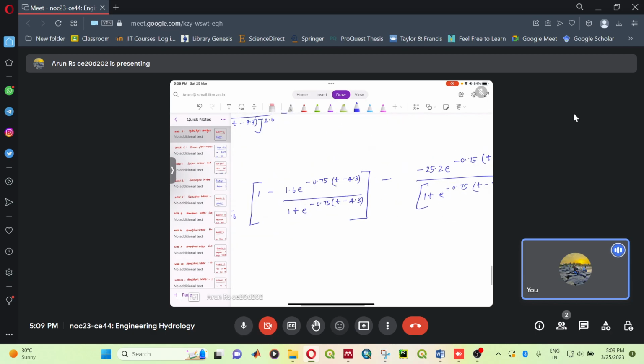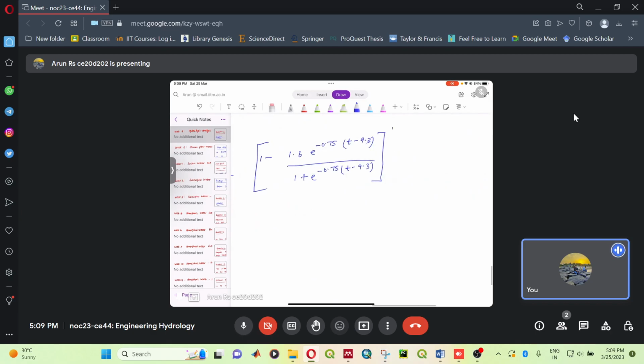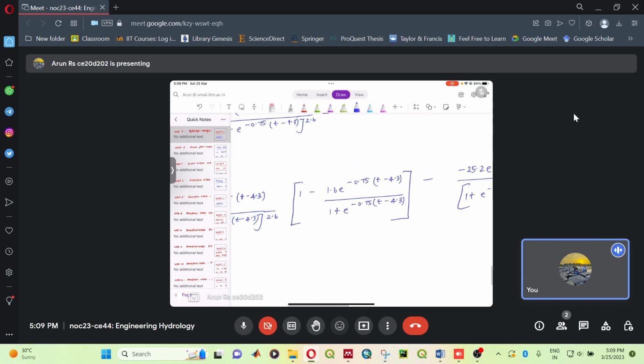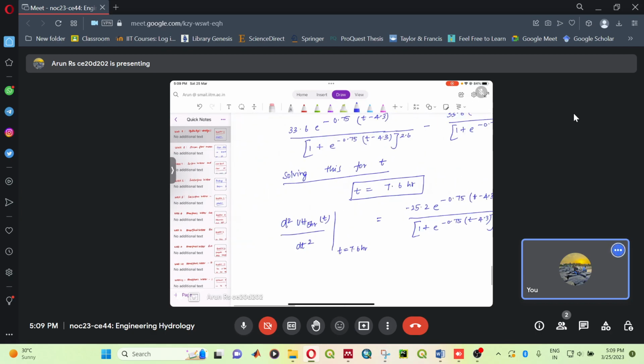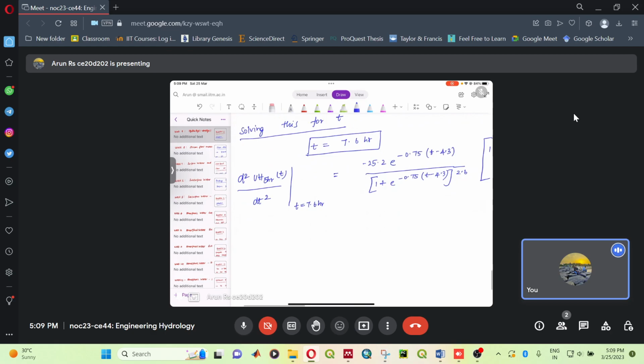So we need to substitute t is equal to 7.6 in this, and then we need to check the value whether it is less than 0 or not.